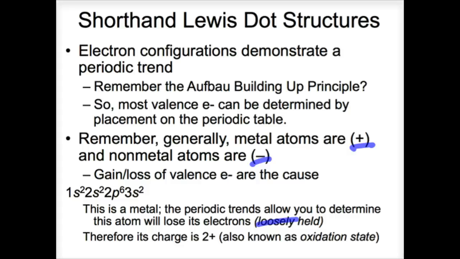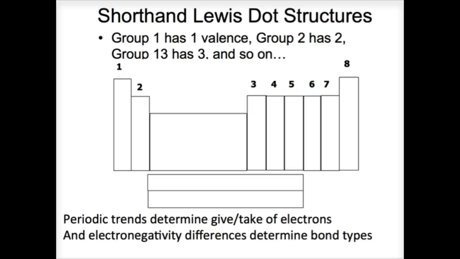Ultimately we're taking advantage of a trend in that the valence electrons are predicted by location in the periodic table, because all I care about are the S and the P blocks, because that's 2 plus 6, that's where we get the magic number 8.